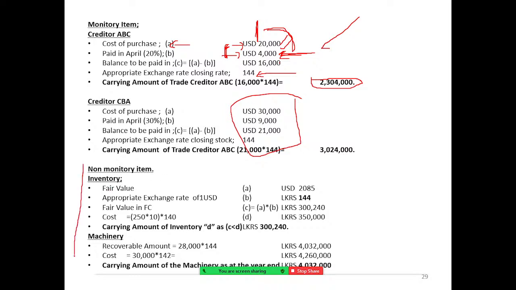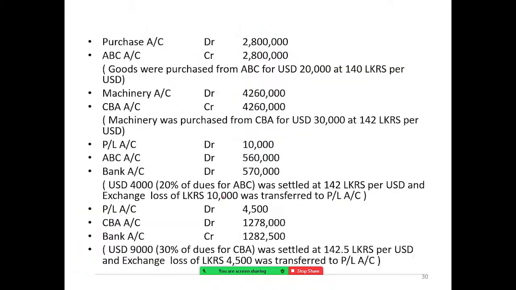So this is non-monetary items, where we have to compare fair value and cost, and if there are any losses we have to record in the profit loss account or other comprehensive income. The same thing, right?